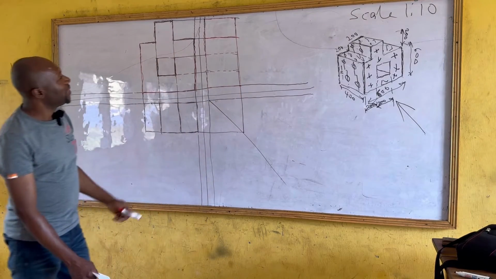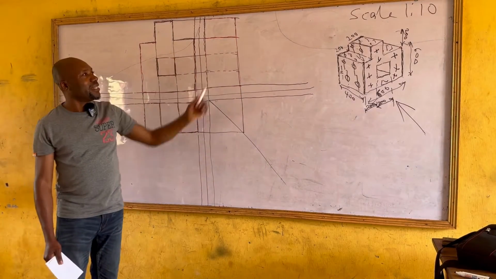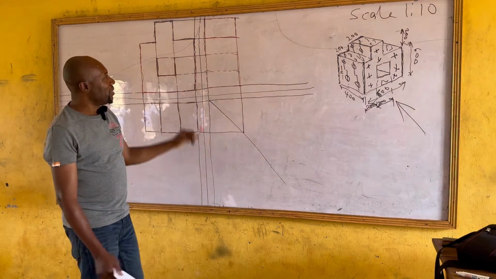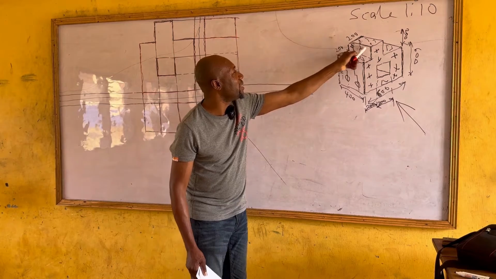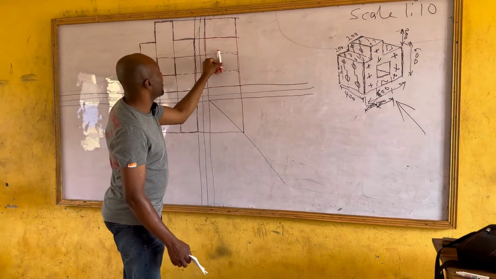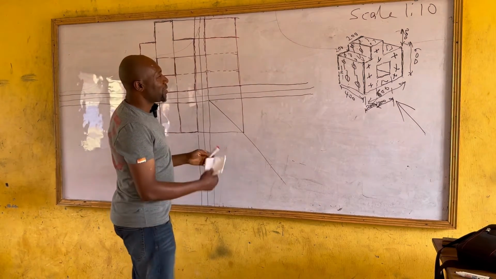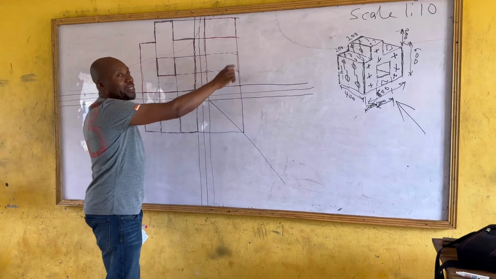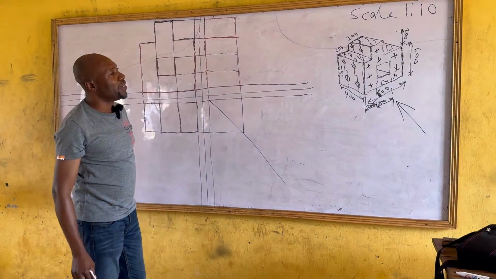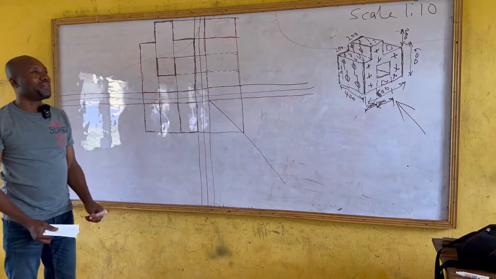So we have this to be the end view or the end elevation. From here, you see this area and this area, which is here and here. But we have a hole here. So we have these two lines indicating the hole in the figure.